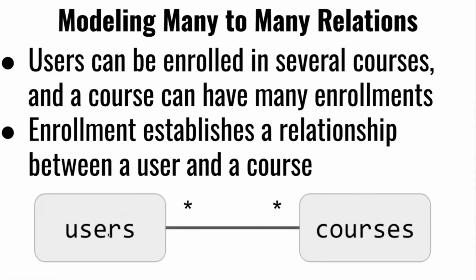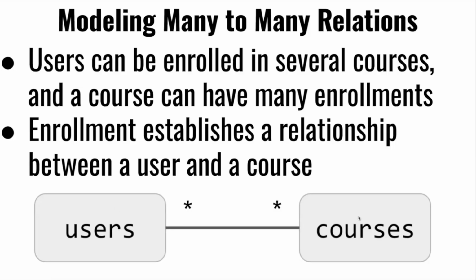But also, you can see it as one user is related to many courses, and vice versa. One course is related to many users. You can take a look at this as a bidirectional relationship. If you give me the user, I can tell you what courses that user is enrolled in. And vice versa. If you give me the course, I can tell you which users are enrolled in that course.